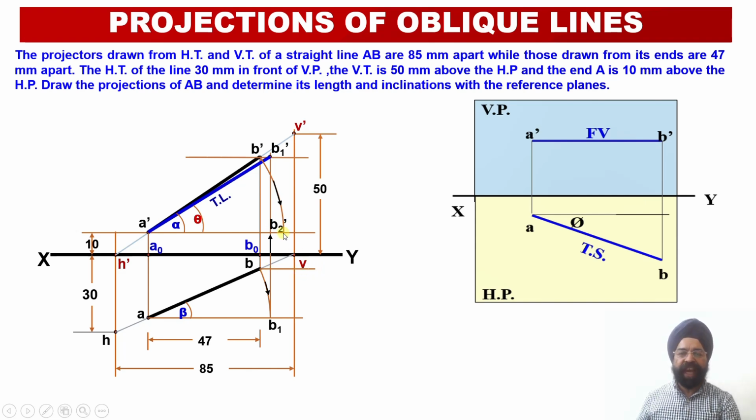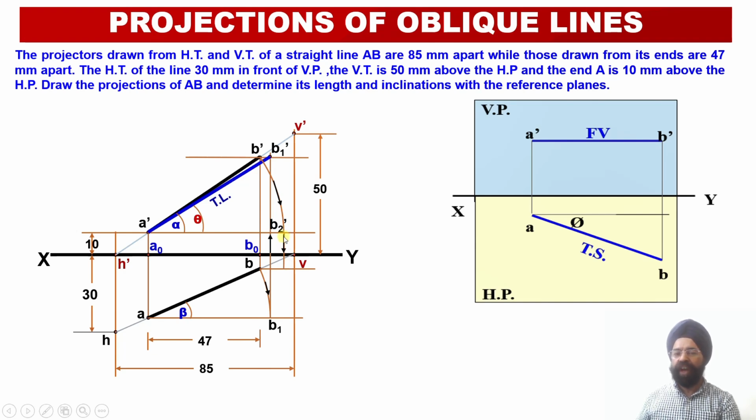From B2 dash, we draw a vertical perpendicular projector onto the horizontal locus line corresponding to the point B, which is the second point of the plan projection line AB. Again, the direction of movement I have shown over here.